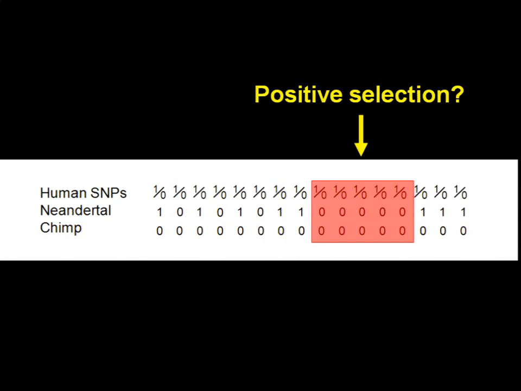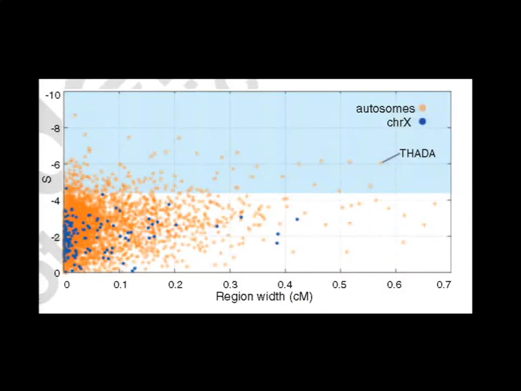So what we'll do is look for SNPs. Here in humans, we have the chimp genome, we have a Neanderthal genome, we'll have a window. In 10% of cases in any one window, will the Neanderthal have the derived variant? We would look for areas like this, where suddenly the Neanderthal look all ancestral, because there something may have happened. So you can then have a measure for this depletion of derived variants and for how wide these regions are, genetic width.